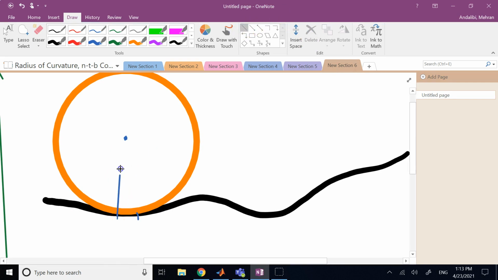So basically, something like that. This distance that I'm traveling between the 2 points, I would call it ds.